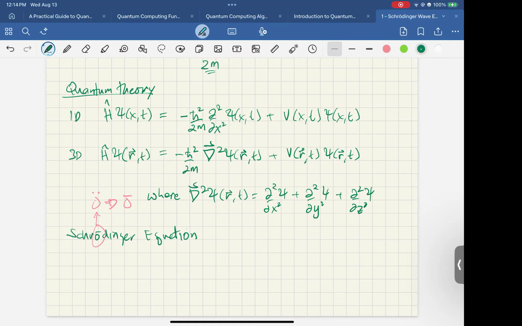So we write it as the Hamiltonian psi of r t.